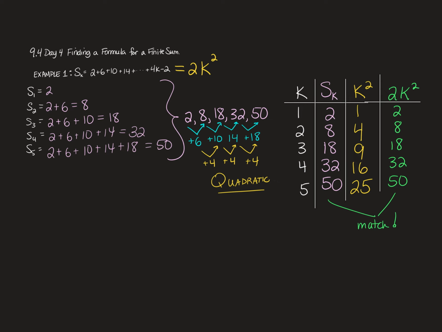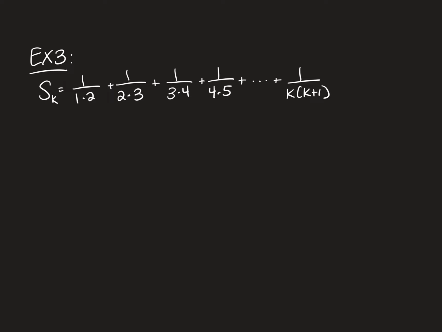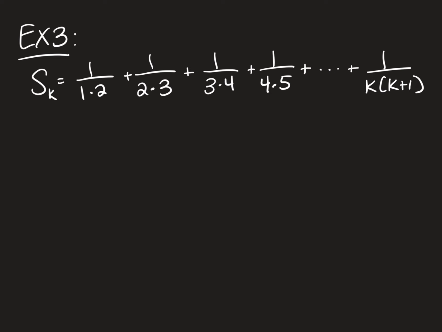Sometimes we have to look at this a little bit differently. So head to example 3 first. I know you can label it as example 2, that's fine. But I want to skip ahead here because I think this one has a unique approach that we can take that's a little bit different than what we've done before.